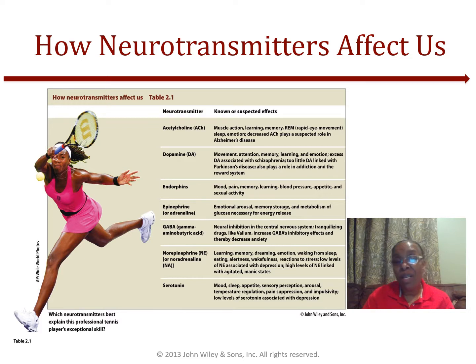Epinephrine, and many of you know it more as adrenaline. Here, this is responsible for emotional arousal as well as how we store memories, our metabolic and glucose levels, as far as when we're needing that boost of energy. It's adrenaline or epinephrine that helps us.